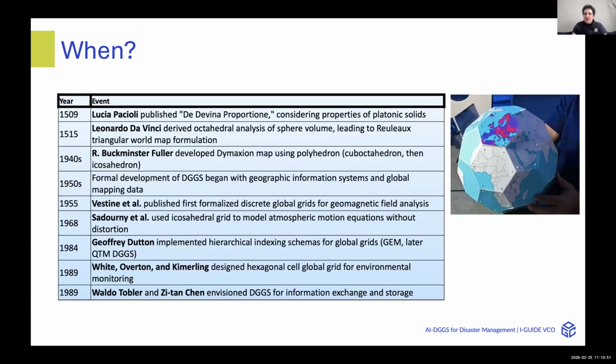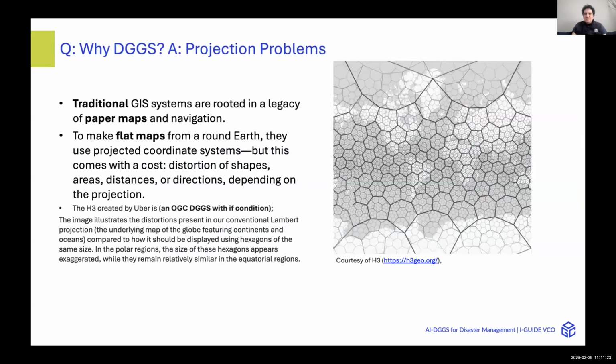What has changed is our computational power, and another part of it is AI. Now the DGGS can provide something that the other techniques cannot. And what else actually matters is that the API is out, so now implementations can be easily done. You don't need to go through lots of mathematical concepts to use a DGGS or a DGGRS.